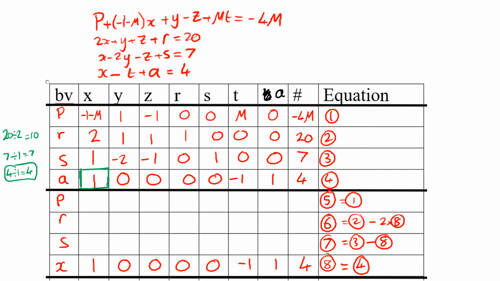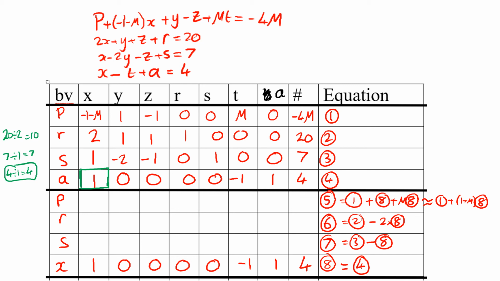And then for the other one, we're going to need to add 1 plus m lots of row 8. Now I found it helpful to actually rewrite that. Instead of saying 1 plus m in a bracket, I'm saying I'm adding row 8 and then I'm adding m more lots of row 8. But if you want to say row 1 plus 1 plus m lots of row 8, I'm not going to stop you, and that might make more sense to you.